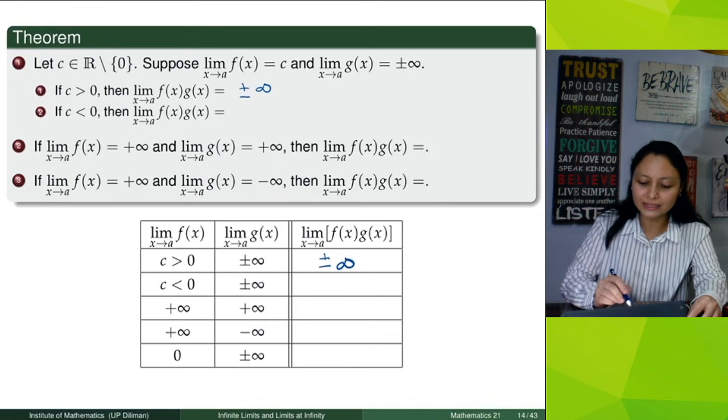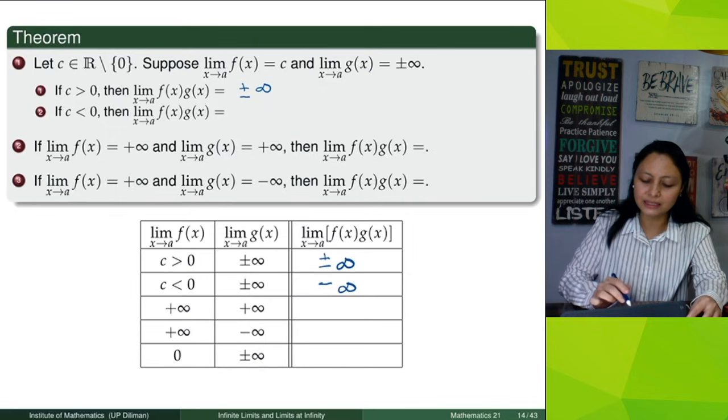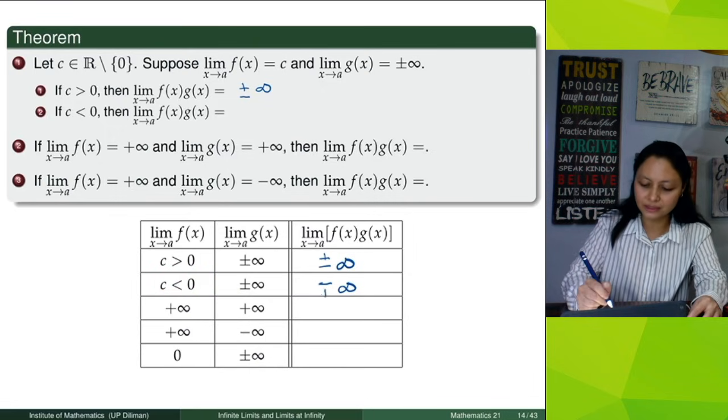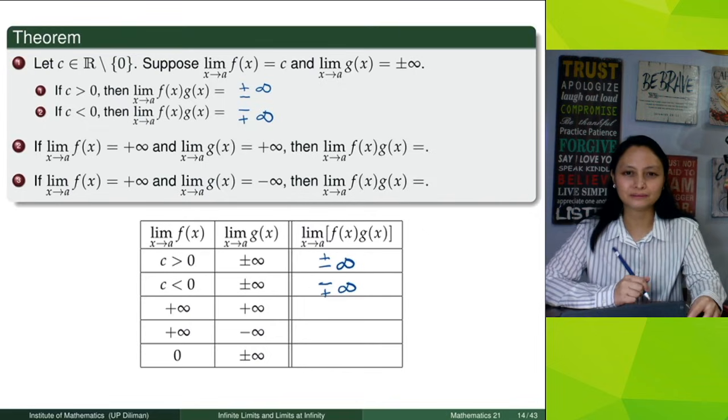Kasi something negative times positive equals negative. So you get negative infinity. And then something negative times negative, that's positive infinity. So this is equal to negative or positive infinity.